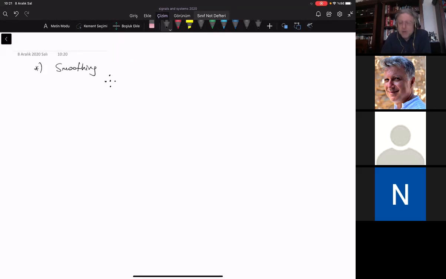There are 5 pixels here, 5 neighboring pixels, 1 in the center and 4 at the immediate neighbors, top, bottom, and left, right neighbors. 4 neighbors, in other words. And we give a value of 1/5 to each of these, and we convolve with this template. It is certainly a smoothing filter.